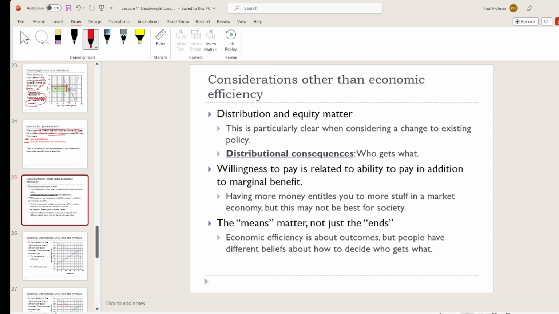We don't change the quantity that we buy very much as the price changes. So what we've just learned suggests that there should be a large tax on milk, because people will not change their behavior, they'll still continue buying the milk, the government will get lots of tax revenue with very little deadweight loss, very little efficiency loss.